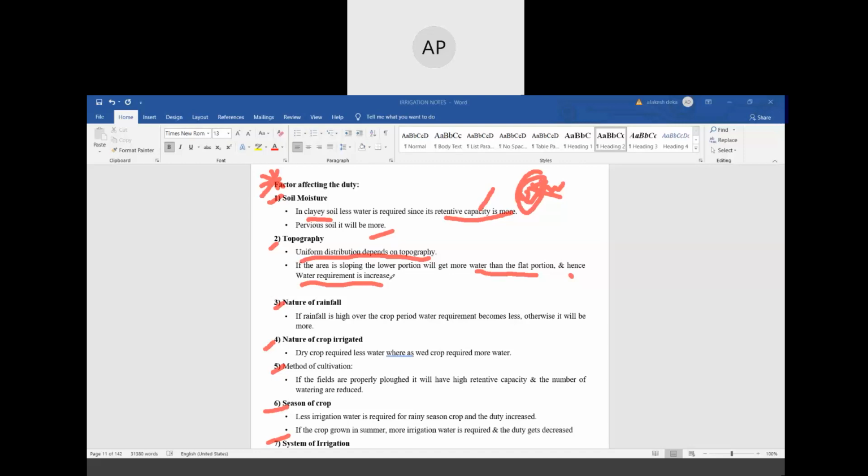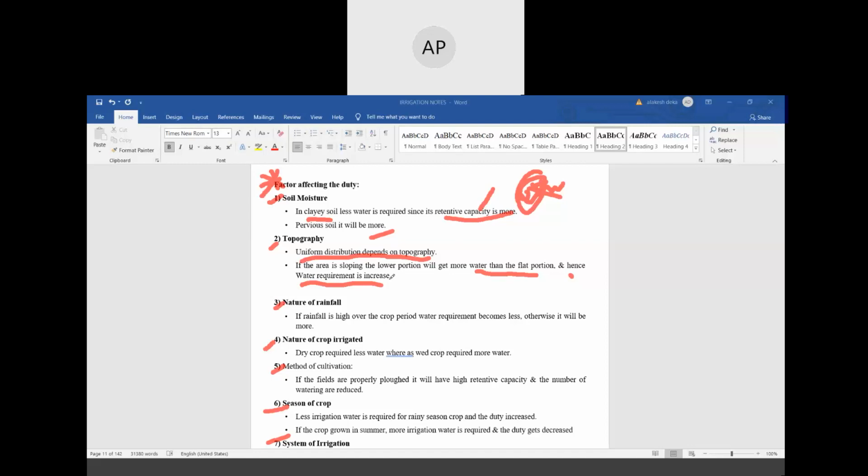What is duty? What is delta? Types of crops, Rabi and Kharif crops, the two main crops which we cultivate in India. And nature of rainfall: if rainfall is high over the crop period, water requirement becomes less. Otherwise, it will be more.